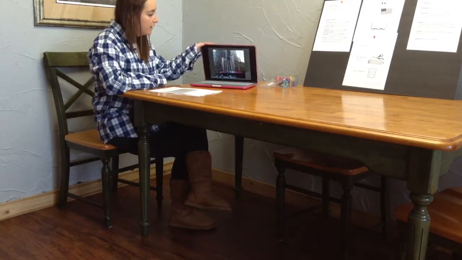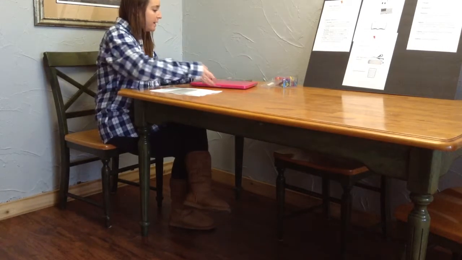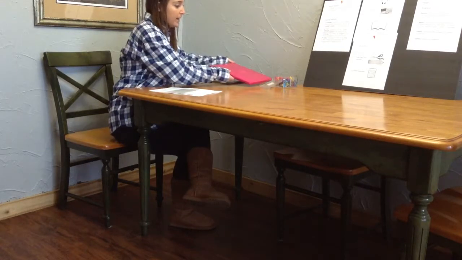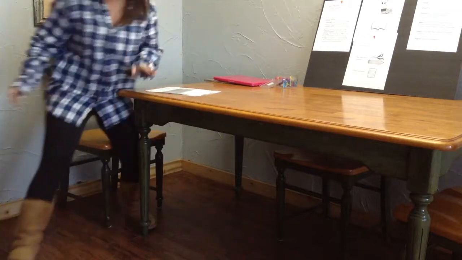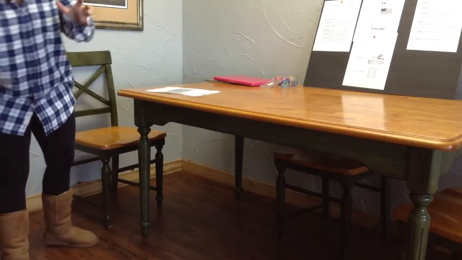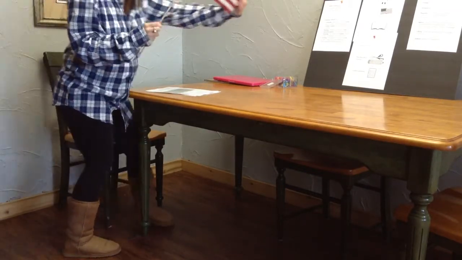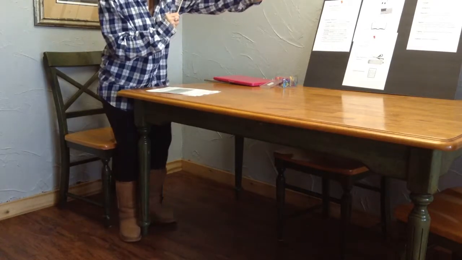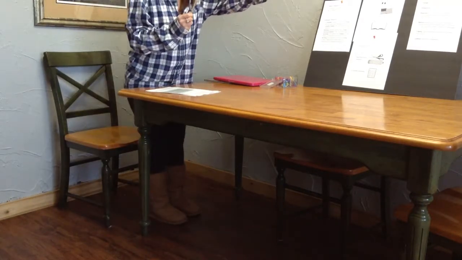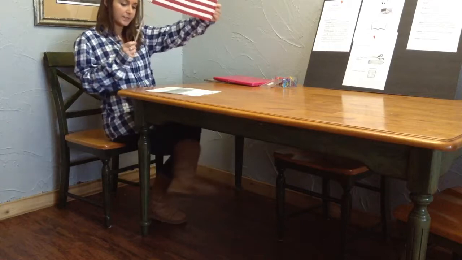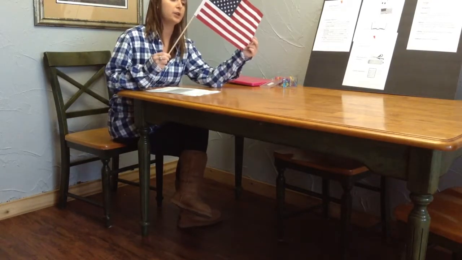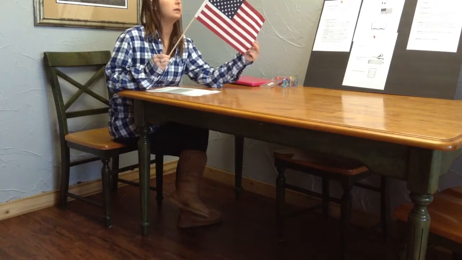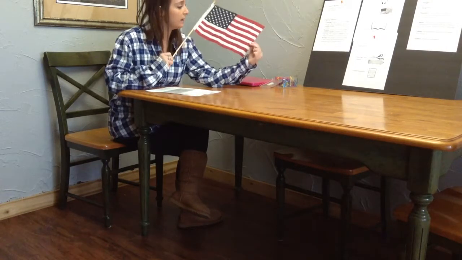Very good. So, now that we've looked at our pictures, we're now going to look at the American flag. I know we've all seen American flags because we see them every day in our classroom. But here is our American flag, and we're going to look at it. Can anybody guess how many stripes are on here? 10?